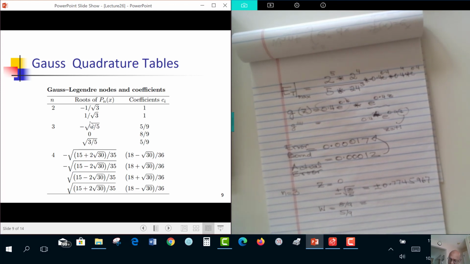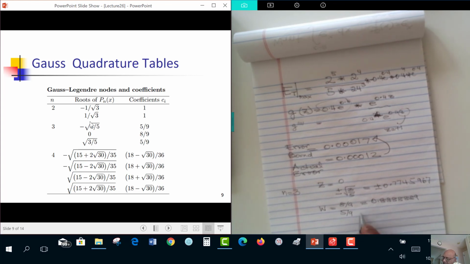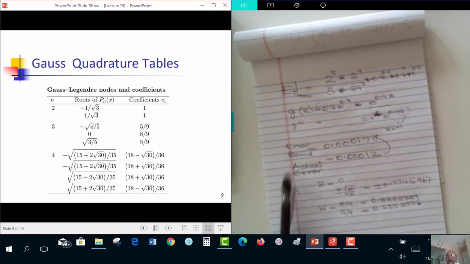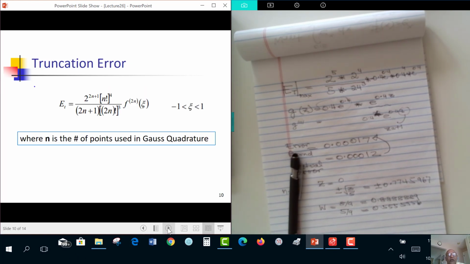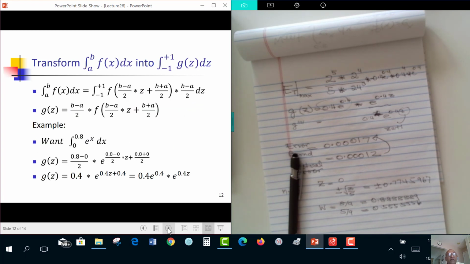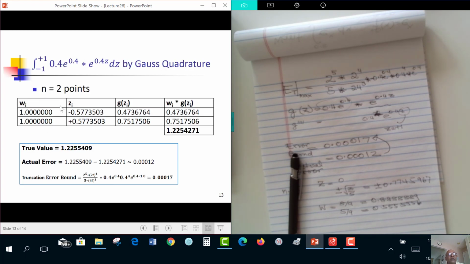So 8/9 is 0.88888, rounded up 9. 5/9 is 0.5555556. Okay. So please do this using your calculator. It's just that it is easier for me to type it up in a tabular form.